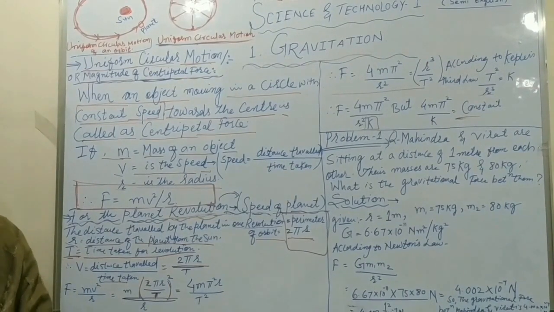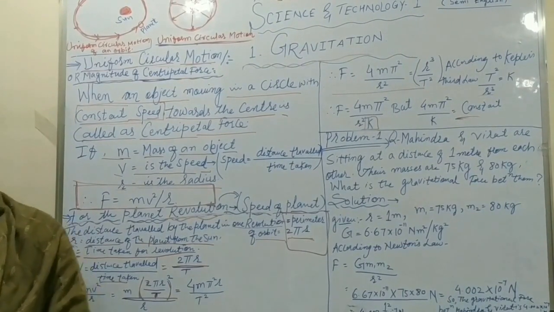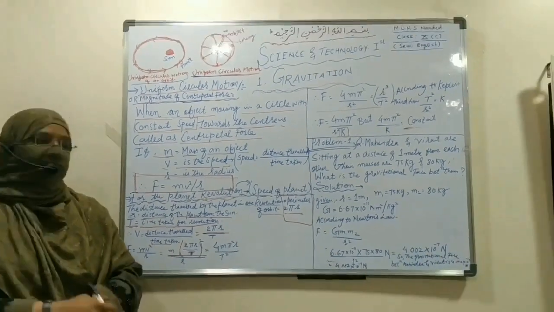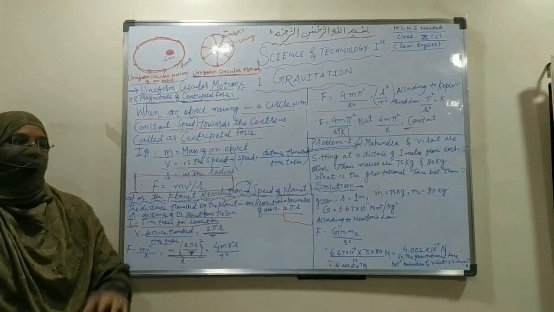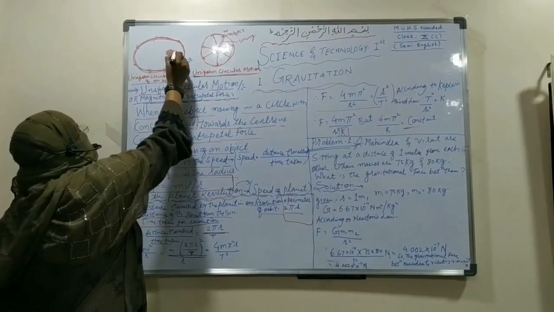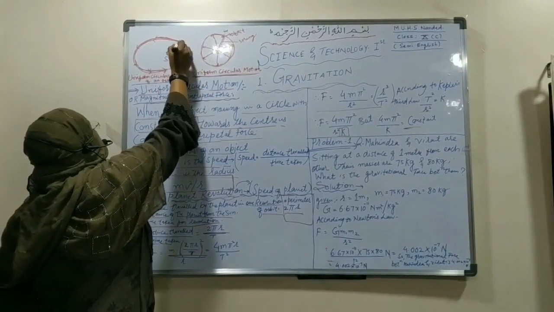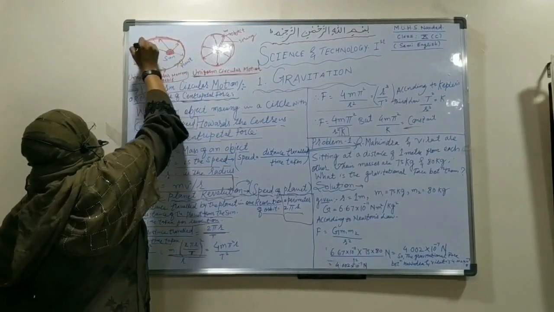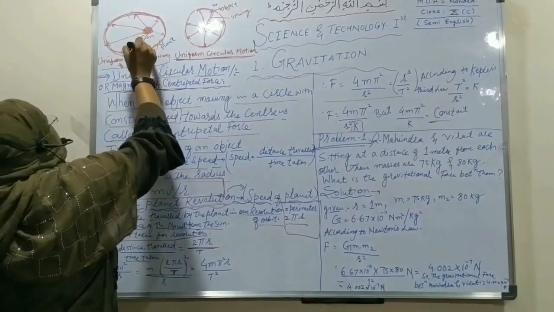You know, students, in our solar system there are various types of planets and they rotate around the sun. The sun is the center of all the planets. All the planets rotate around the sun.